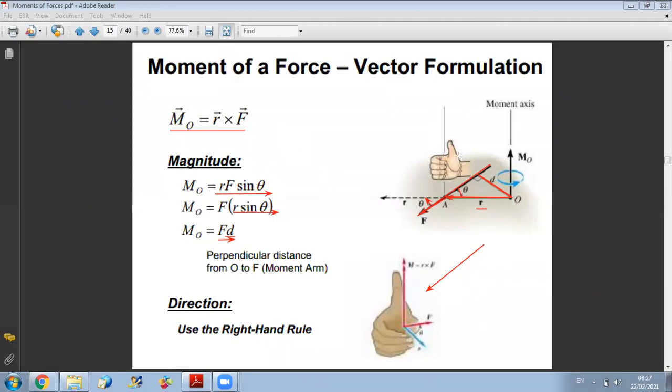I will take my right hand and curl my fingers from vector R towards vector F, and I will get that M is pointing upward, perpendicular to the plane of R and F. So this also gave me the same result as the moment. From here, I can say that R vectorial F will give me the vector moment directly. Okay? Any question on this?